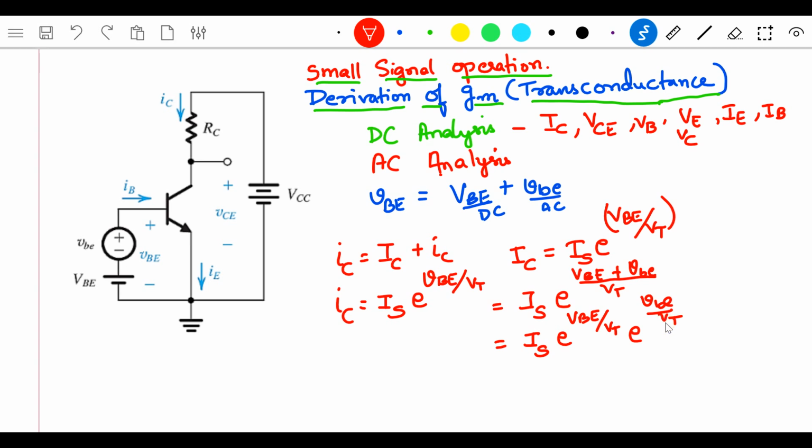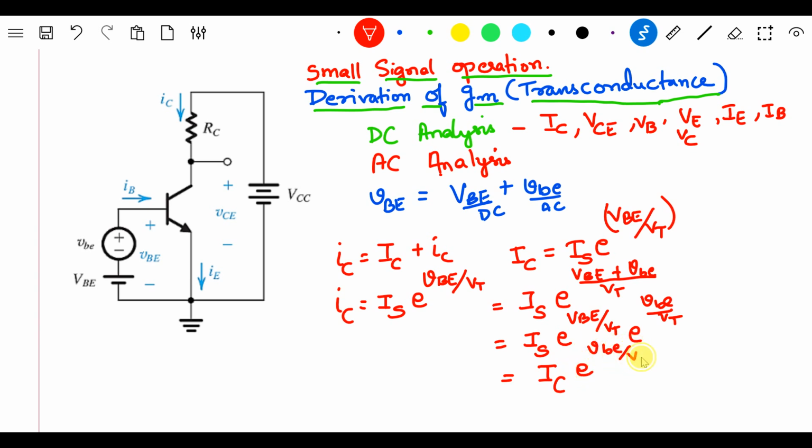So IS into e power VBE by VT is the DC current, the capital DC current IC, into e power small vb by VT.